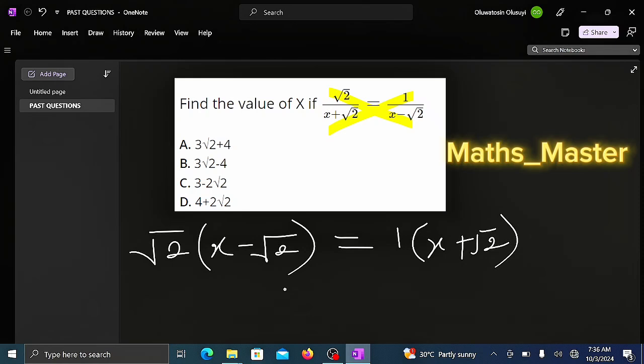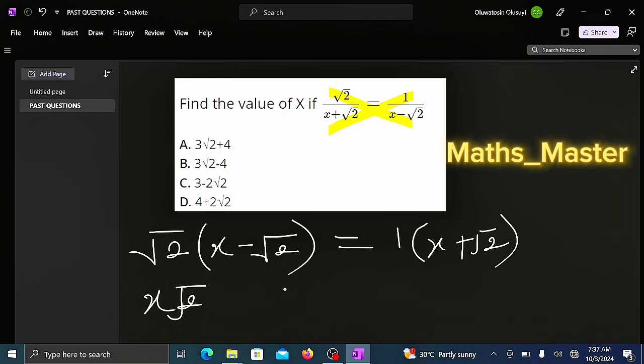So root 2 times x, that'll be x root 2. Then root 2 times negative root 2. Don't forget, root 2 times root 2 will give us root 4, and root 4 is 2. What does that imply? It implies that for every number that is having a root, the root of any number times the root of that same number will give you that same number.